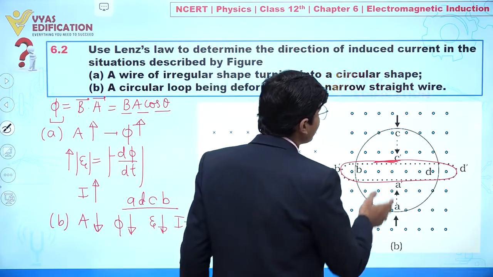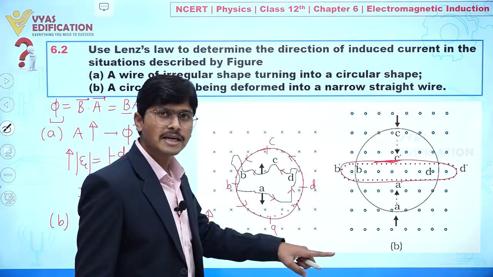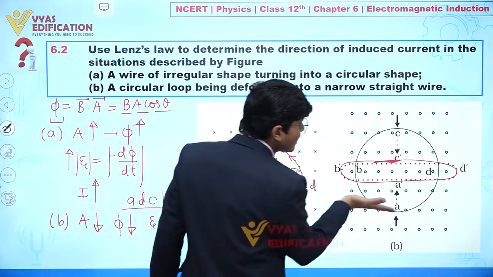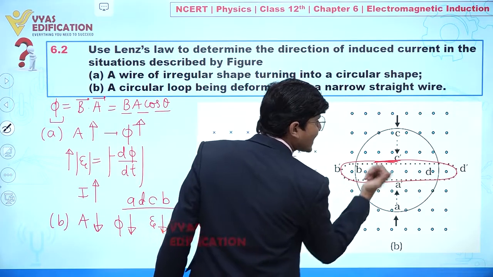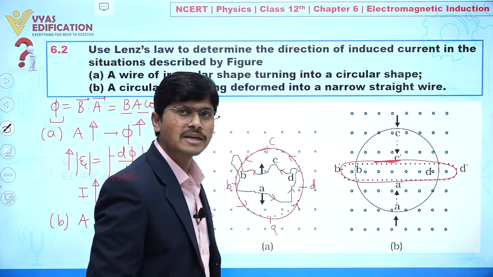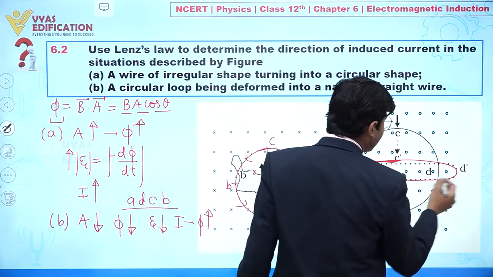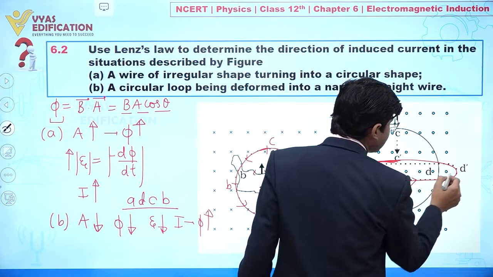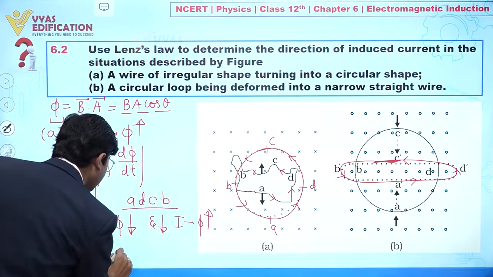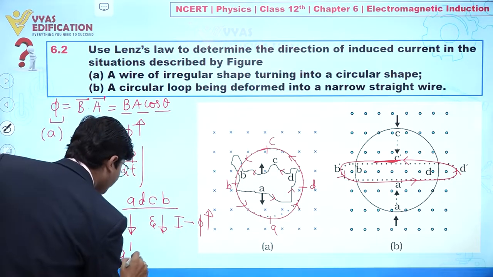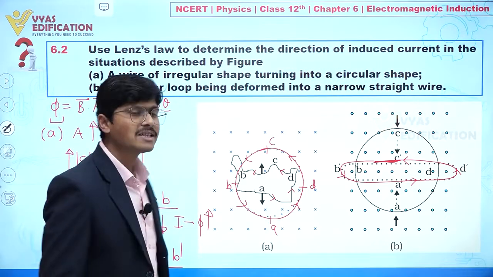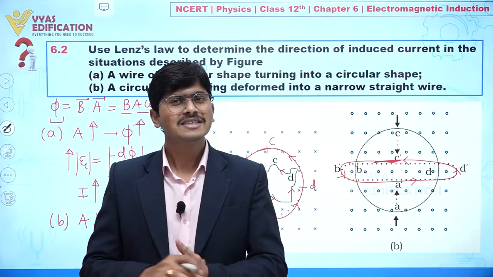If I curl my finger like this, the thumb indicates the direction of the magnetic field. So this is A dash, D dash, C dash, B dash. Definitely the direction of induced current will be like this. So for part number B, the direction is given by A dash, D dash, C dash and B dash. Clear to everyone? So like this you can find the direction of induced current, clear?